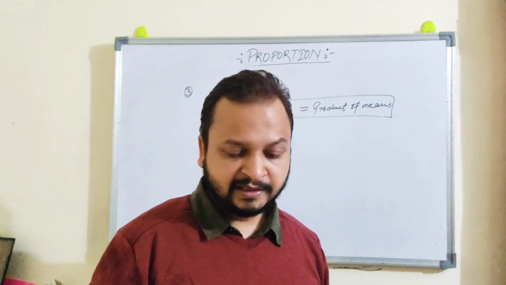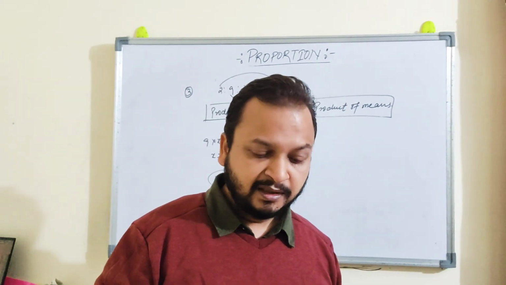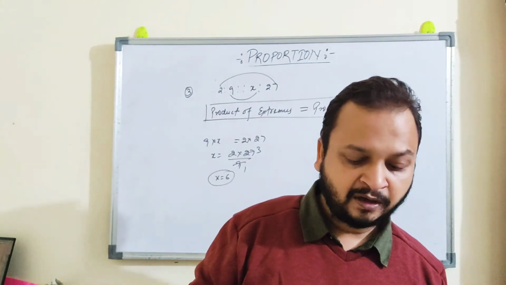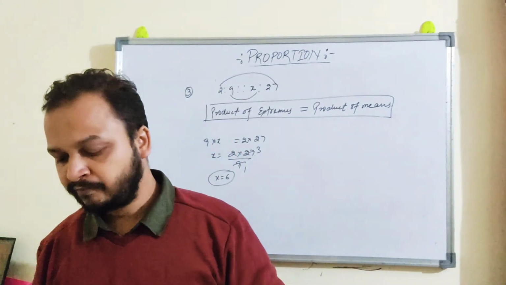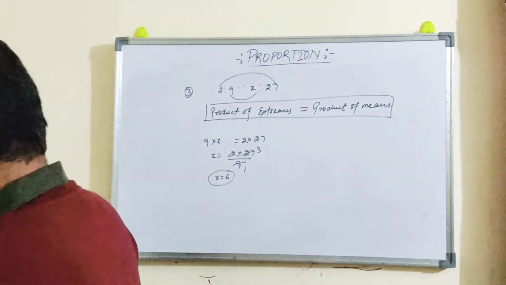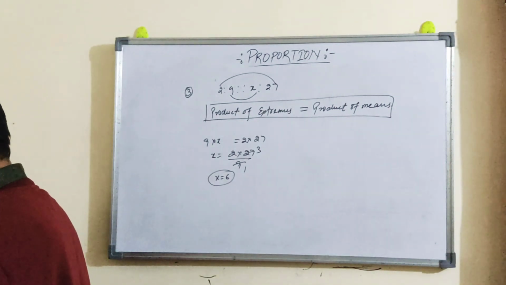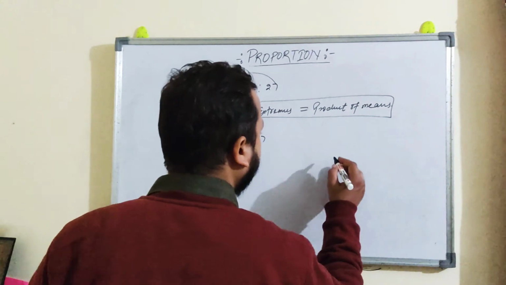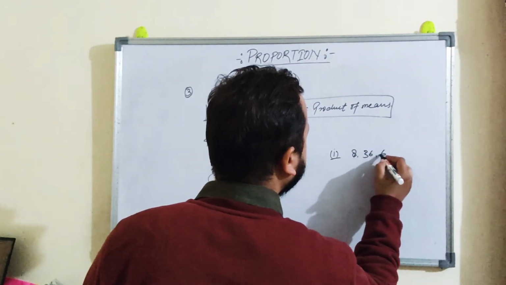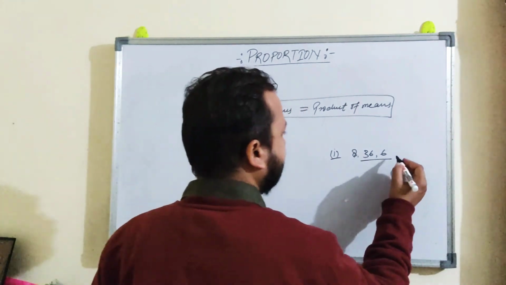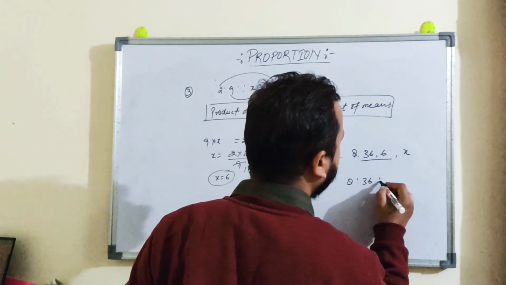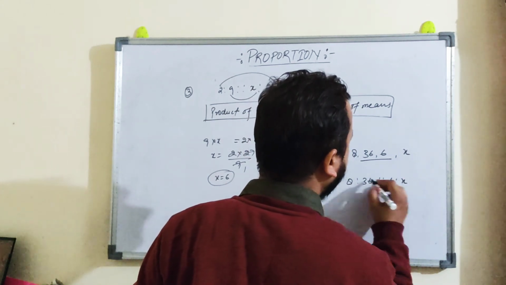In question number 6, you have to find the fourth proportional of the numbers. Fourth proportion, you have to find it out. Here in the first part they have given 8, 36 and 6. So suppose the next one is x, so 8 is to 36 and 6 is to x.